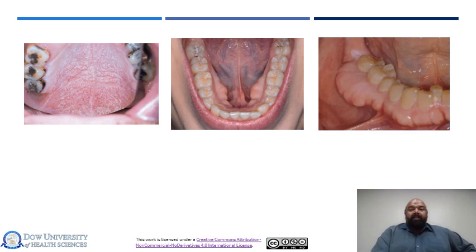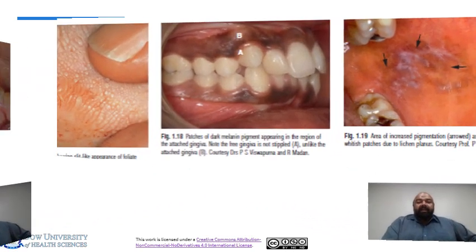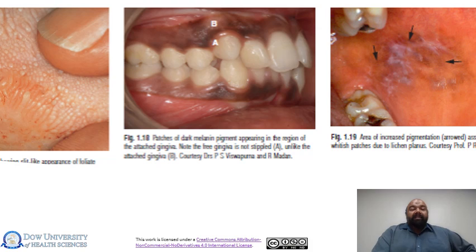So finally, a little bit of clinical relevance. In certain individuals, there's melanin formation, shown by the dark attached gingiva, and this is considered normal because melanin production is seen in dark-skinned individuals. Here, this is the side of the tongue showing the foliate papillae, which have a slit-like appearance.